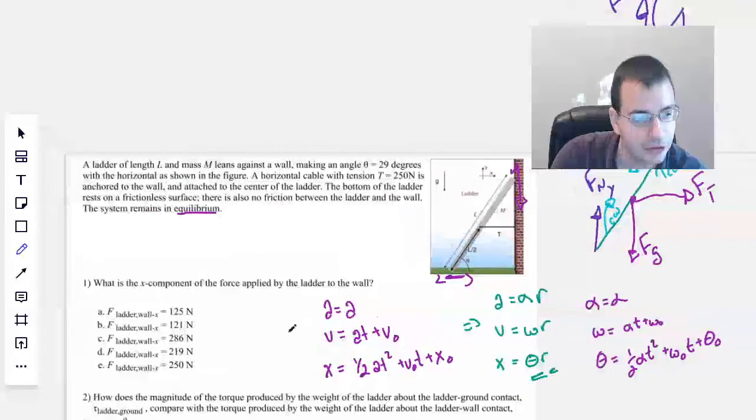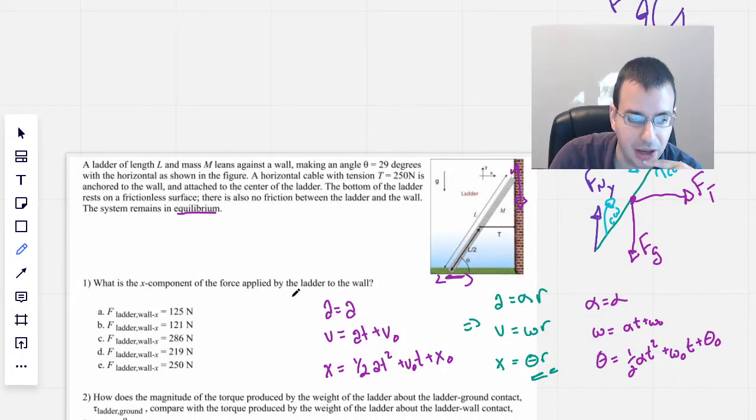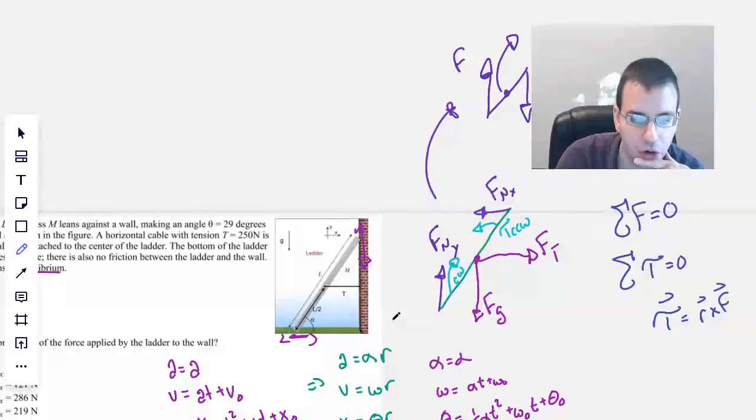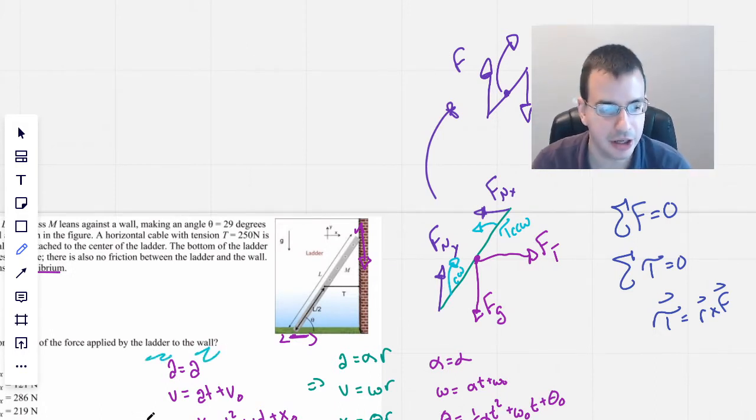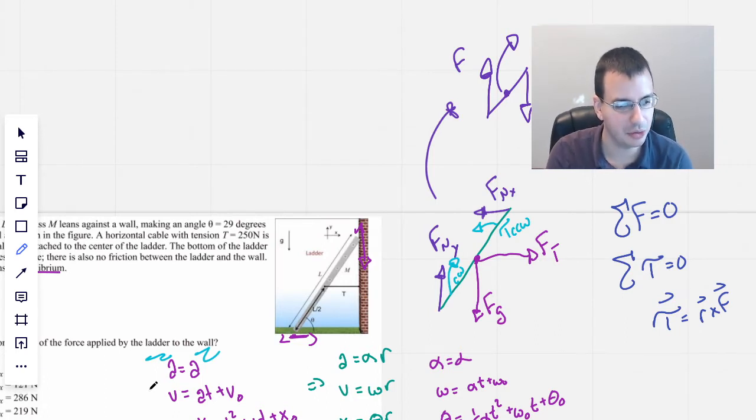Okay, so the first question is, what is the x component of the force applied by the ladder to the wall? So I'm not going to worry about the magnitude here, because it's like, should it be to the left, should it be to the right, which one applies it on which?